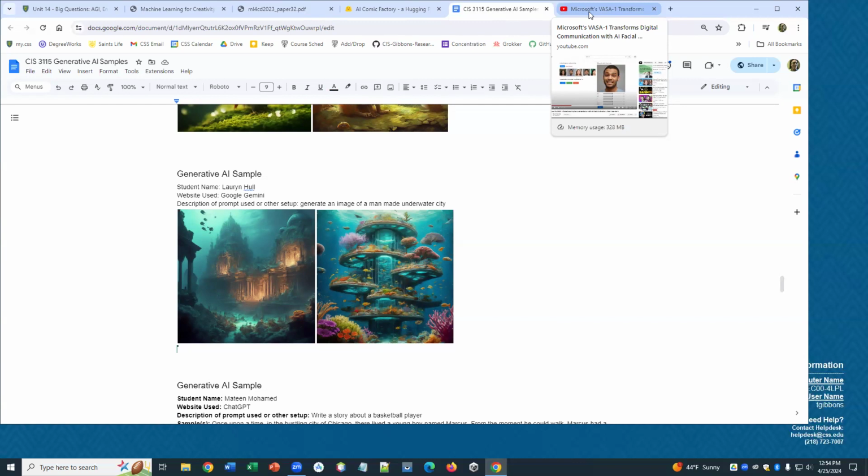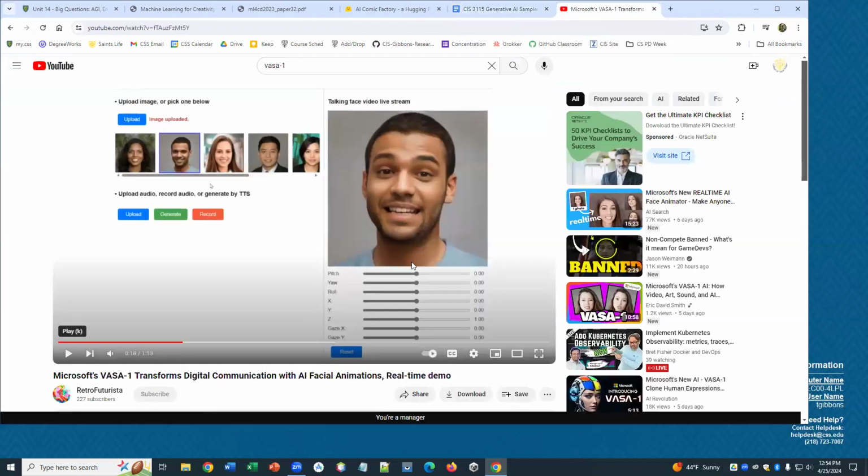I don't know if you follow or know of any of those out there, but there's quite a bit. But Microsoft, you can't use it yet, but they just released videos of their newest tool where you can give it a script and a picture. So you can get an audio recording. You give an audio recording and a picture.